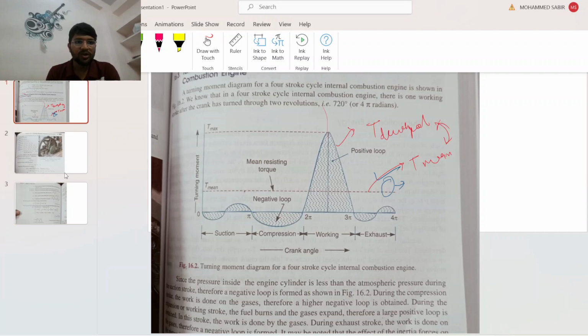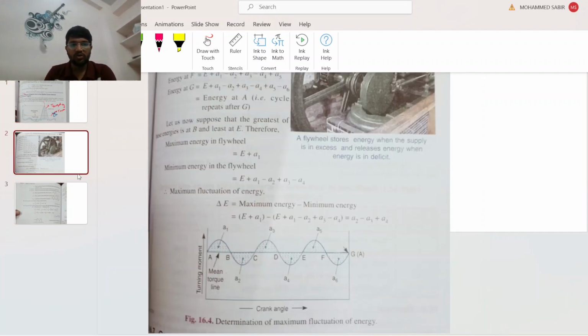Now, what is delta E? Delta E is the maximum energy minus the minimum energy. Nothing else: it is simply the maximum kinetic energy minus the minimum kinetic energy.